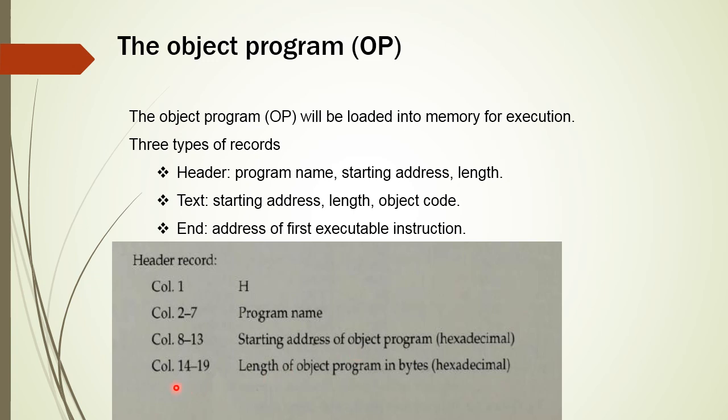Columns 14 to 19, again 6 columns, indicate the length of the object program. In our case, the length is 107A. How did we get 107A? By subtracting the starting address from the last location counter value: 207A minus 1000 becomes 107A.